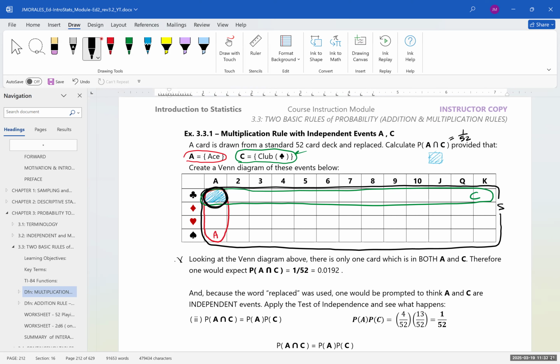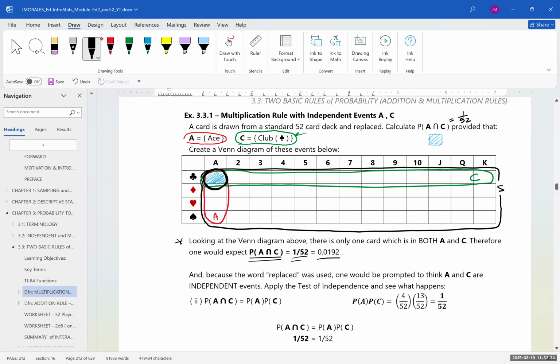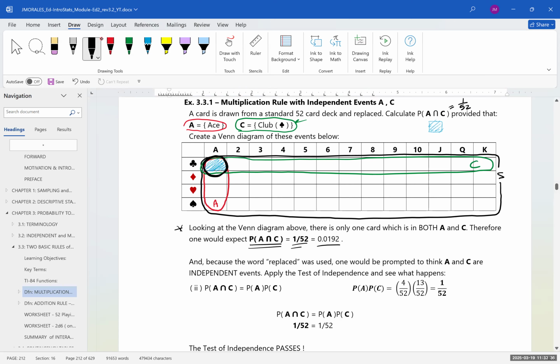So that's what I just wrote here in this first sentence. So looking at the Venn diagram above, there's only one card, which is both A and C. Therefore, one would expect the probability of those two events to be 1 out of 52 or 1.92%.